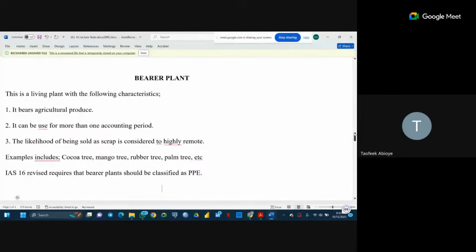If you categorize the tree as property, plant, and equipment, the moment we extract the mango from the tree, that mango becomes IAS 2, while the tree remains IAS 16. The agricultural produce can be categorized as IAS 2 because it is expected to be what the company transacts in its day-to-day activities. So they will call that IAS 2.